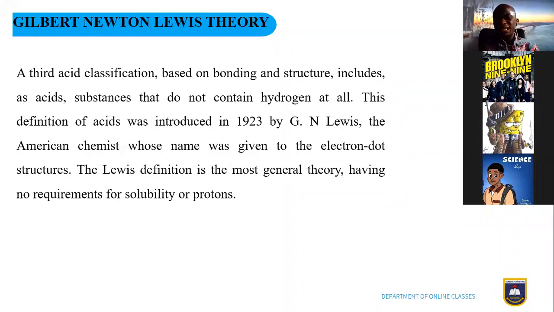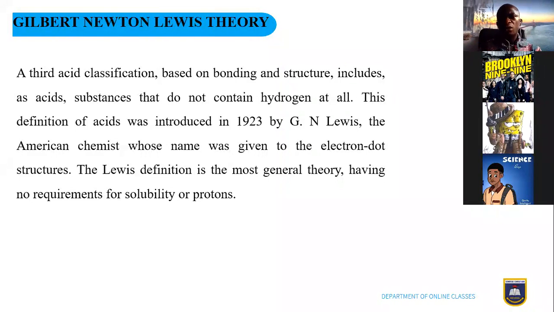What electrons are shared and what electrons are left on each of the atoms we call the lone pair, or the lone pairs of electrons. Those electrons that are not used in bonding are the ones we call the lone pairs of electrons. And we use dots to represent those electrons.